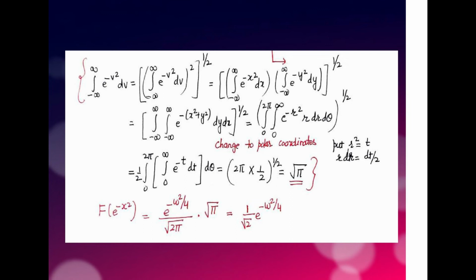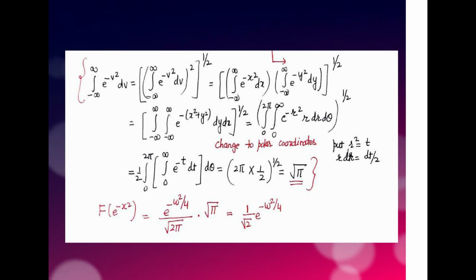Now using the property of double integrals, I can combine the product of these two single integrals as a double integral, and we have the expression in the second line: the double integral from minus infinity to plus infinity of e raised to power minus x square plus y square dy dx.